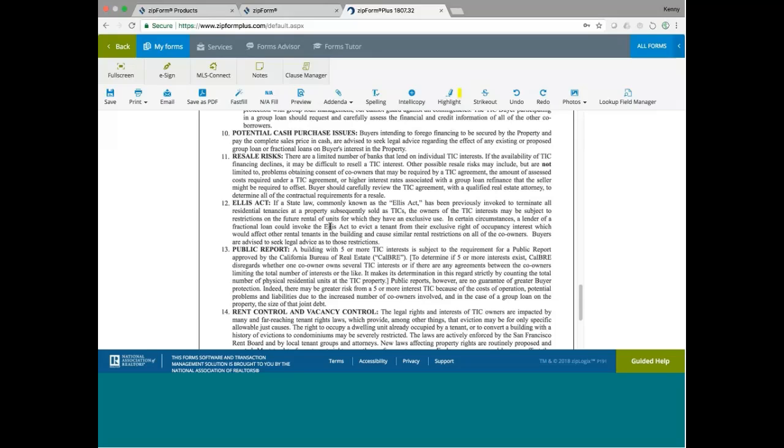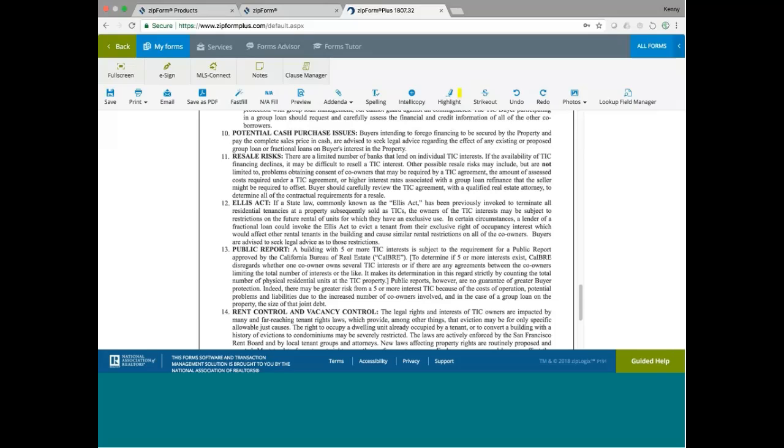But if the entire building was previously rented as a rental property, and then the previous owner took it back, converted the building into a TIC building, and then sold the TIC interests individually, eventually, if one of the TIC owners decides to rent out their unit to another tenant, there may be certain restrictions on doing that. Okay? Just keep that in mind.